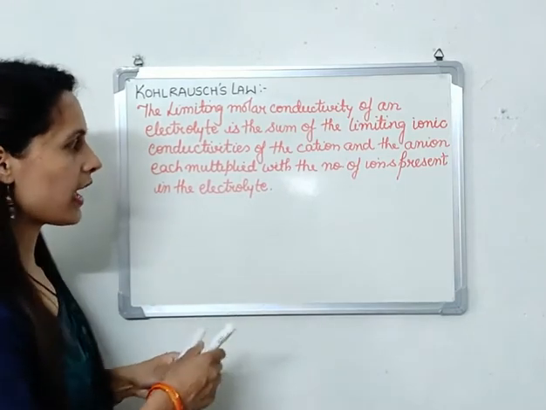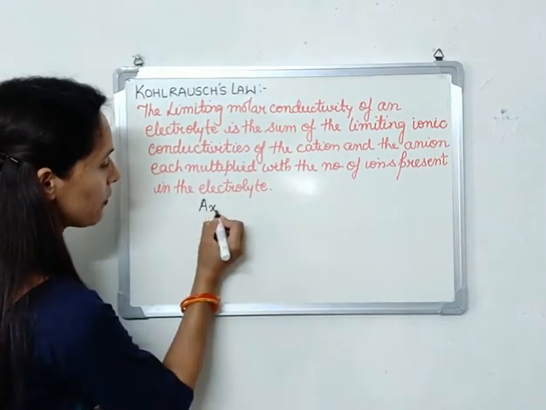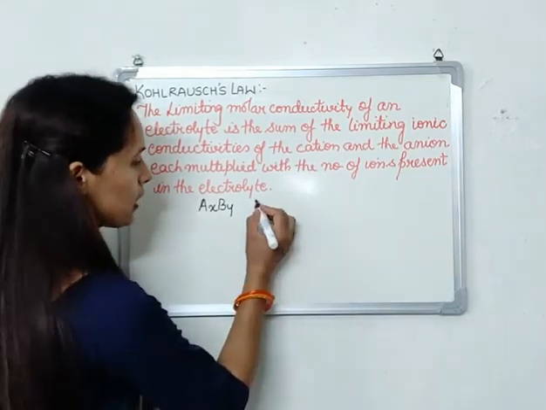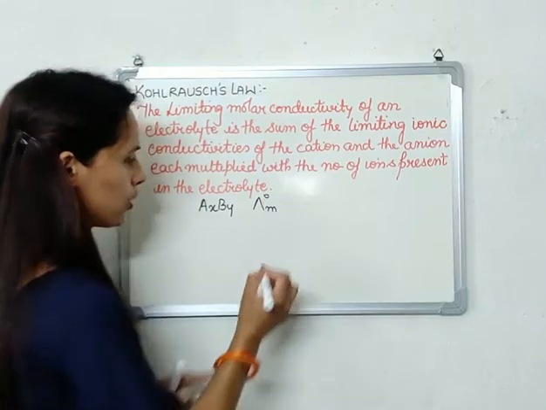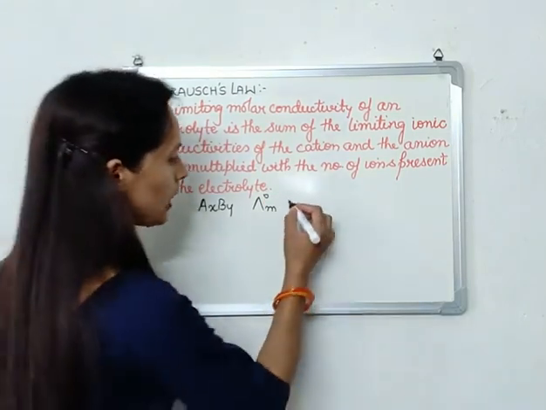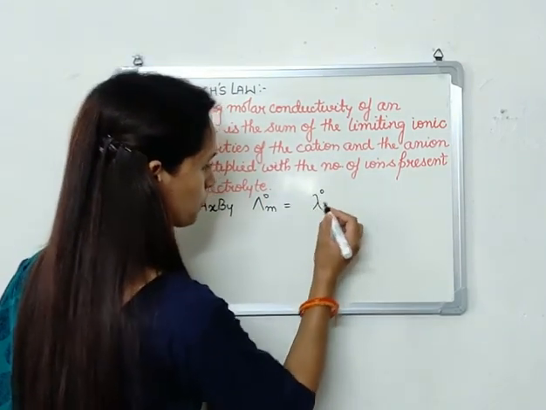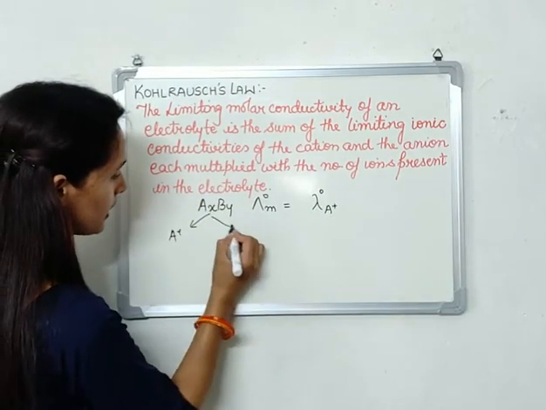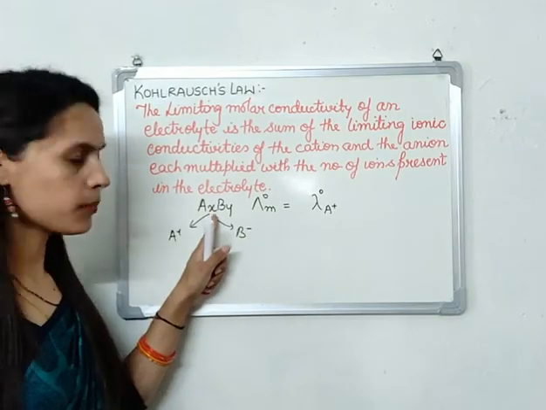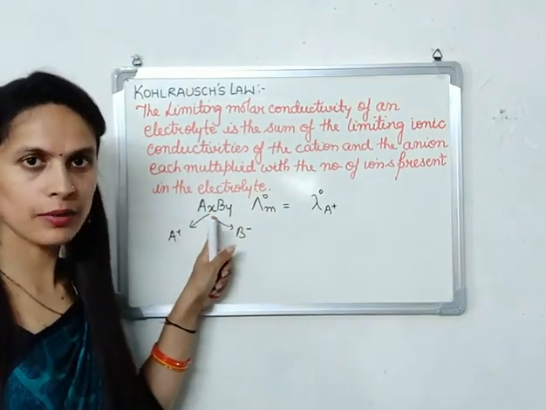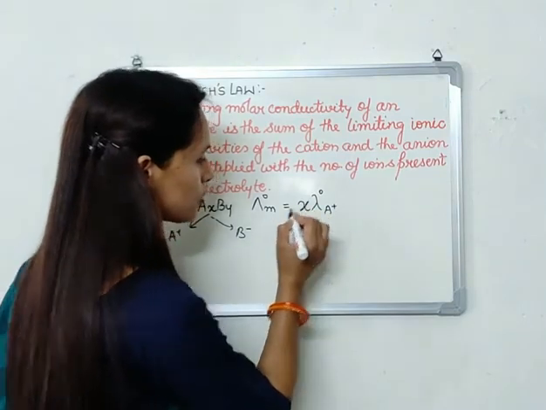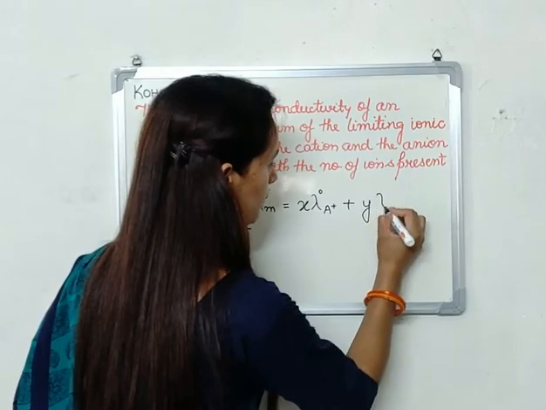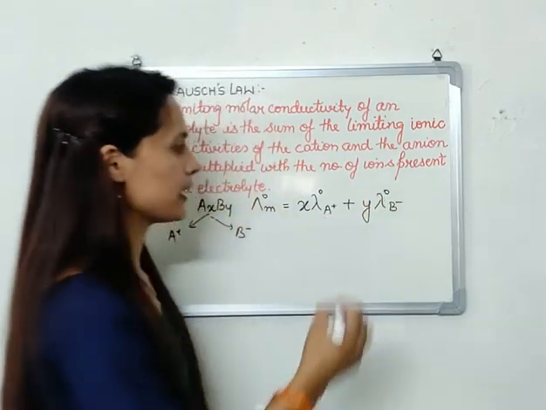Now suppose I have an electrolyte whose formula is AxBy. So for this, if I calculate lambda m naught, it becomes lambda naught for A positive. Here it gets converted into A positive and B negative. So in the formula we have x number of A. So it becomes x into lambda m naught for A positive and y multiplied by lambda m naught for B negative.